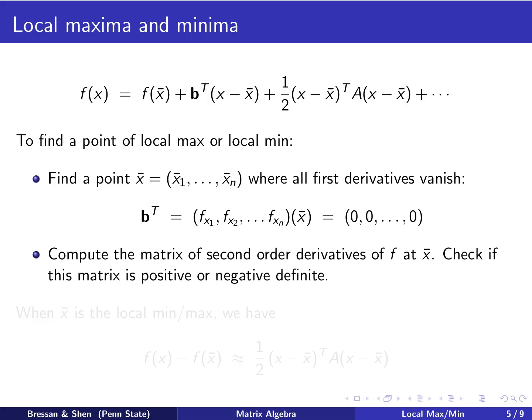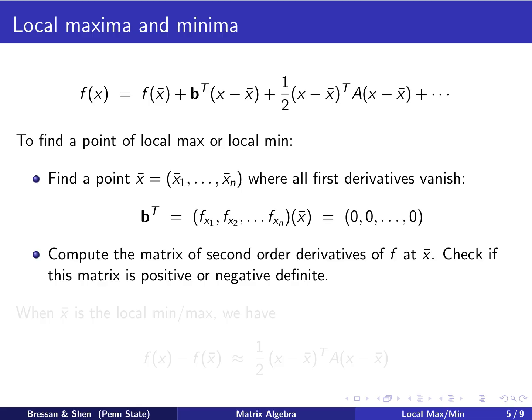To find the point of a local max and the local min for this function f, first we want to find a point, let's call it x bar, where all the first derivatives vanish, so they equal 0, which means this vector b, let's write b transpose so I can write a row vector, not a column. That's the partial derivative of f with respect to all the xi's evaluated at x bar, and they must all be 0.